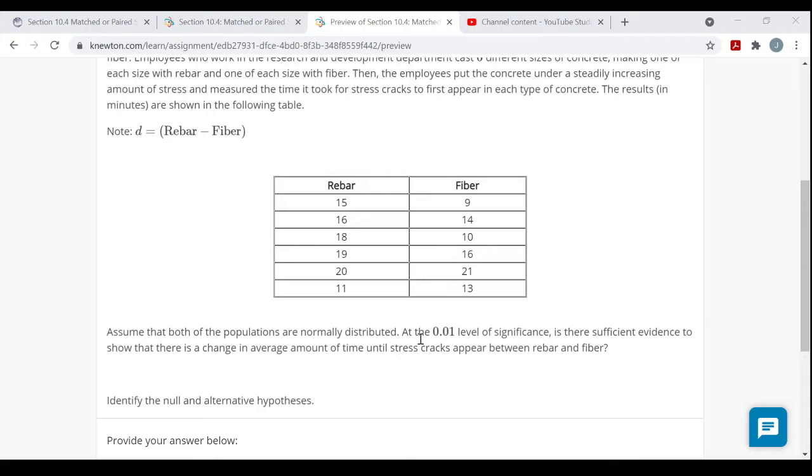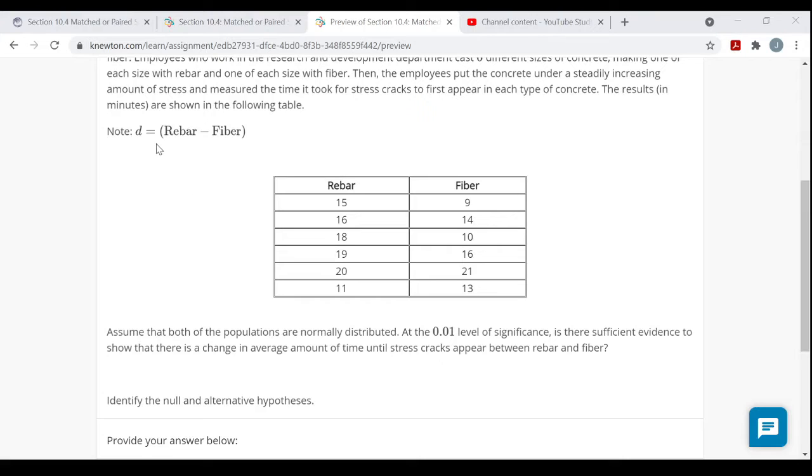At the 0.01 level of significance, alpha, is there sufficient evidence to show that there is a change in the average amount of time until stress cracks appear between rebar and fiber? All right, so this is the claim being tested: just that there is a change in the average amount of time it takes for stress cracks to appear.